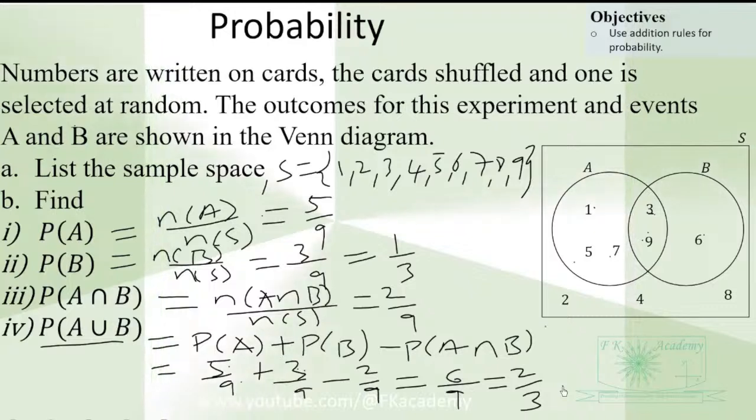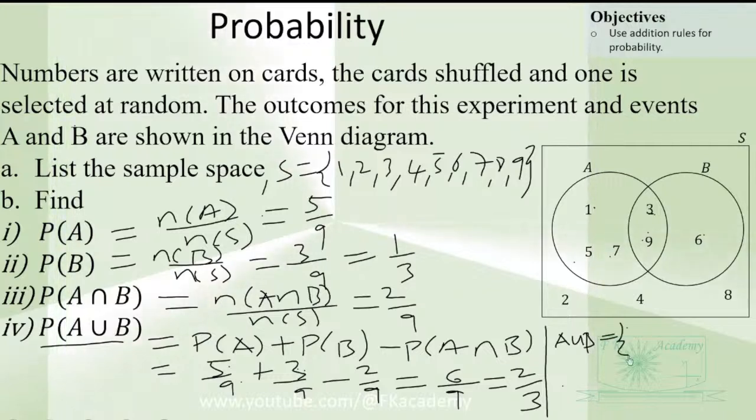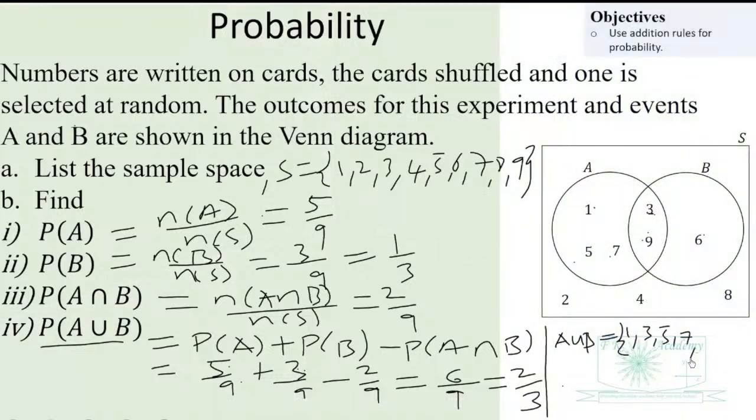A union B will be equal to 1, 3, 5, 7, then we have 6, then we have 9. So how many elements are here? 1, 2, 3, 4, 5, 6.